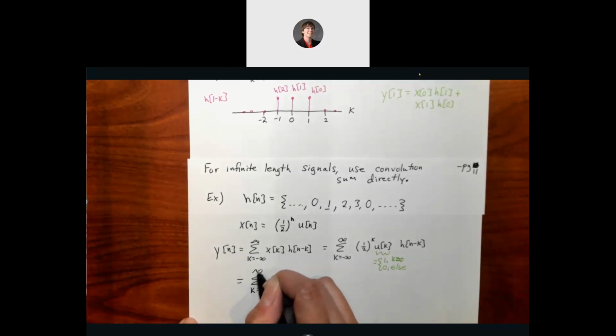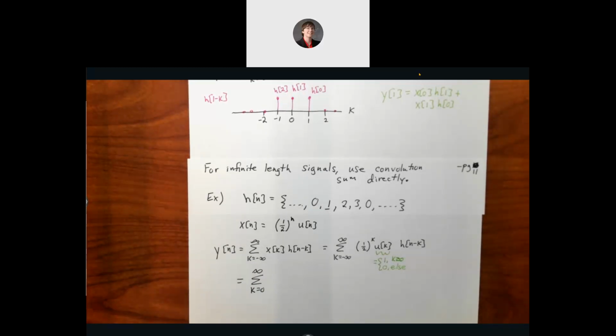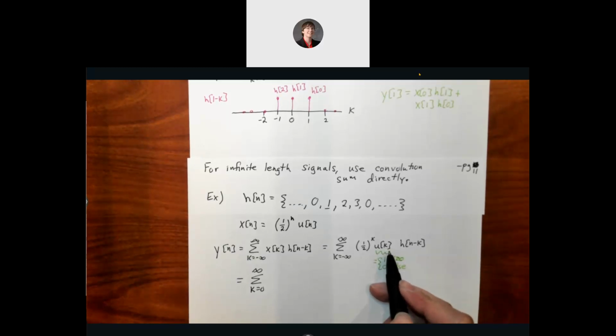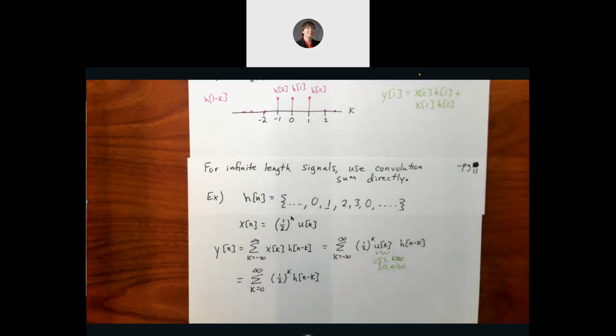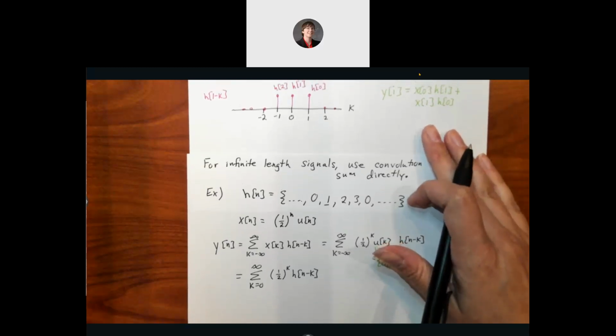What we can do is say, I only need to sum from k equals 0 to infinity, and in that range, u of k is equal to 1. So I can just leave it with this 1/2 to the k, h of n minus k. It cleans things up a little bit so we're not carrying around all those extra 0 terms that we don't need.